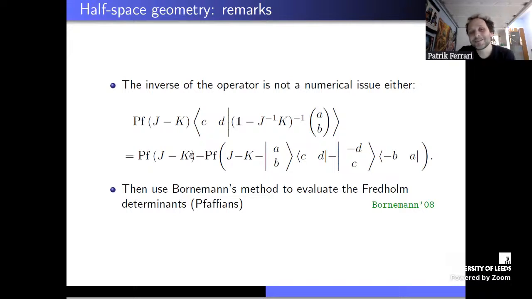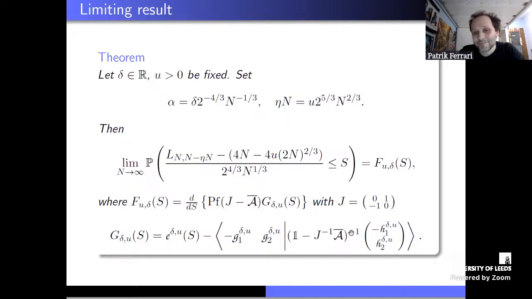This identity can be written as a linear combination of two Pfaffians, which are square roots of determinants. And determinants can be numerically very well computed as soon as the entries, the kernel, are analytic, which is the case in our case, by a program built by Bornemann 15 years ago, more or less. So numerically, this is not really an issue. This is the compact way of writing. If you don't like this inverse, you replace the term with this one as a difference of two paths, and everything is fine.